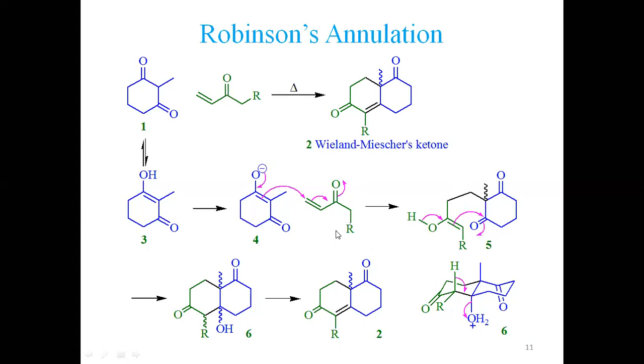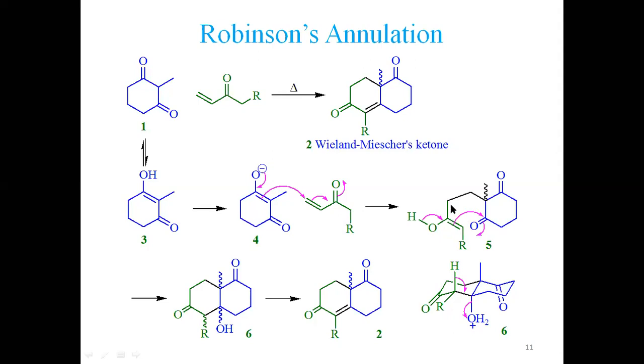Now what happens next? We have another enolate form that I have presented. In fact, it is a carbon-oxygen double bond, CH2R, which is this one. But I have presented the enol form of this keto as well. Why? Because if it is present in this form, look here, it can make an enol here as well.